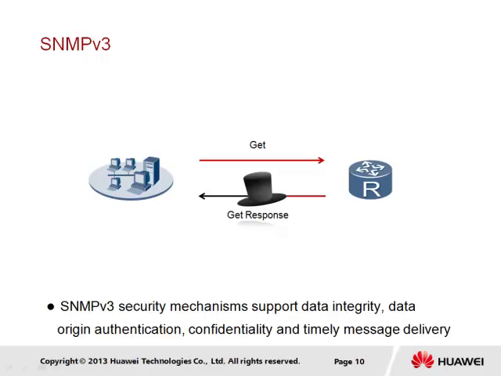SNMP version 3 introduces data integrity in order to prevent alteration of the response messages from a network element, data origin authentication to verify the identity of the sender, confidentiality to ensure information is not disclosed to unauthorized recipients, and protection against reusing MIB object information for illicit purposes outside of a given time frame, as part of what is known as a replay attack.